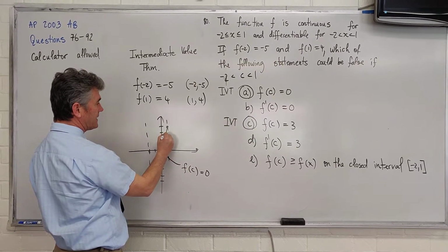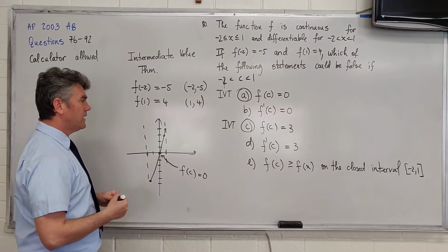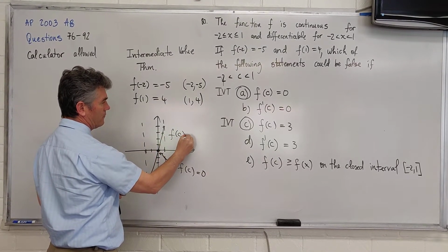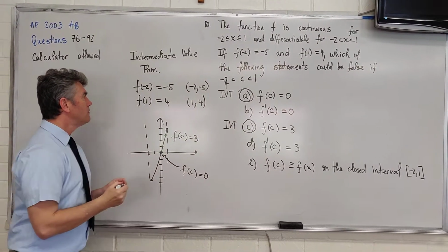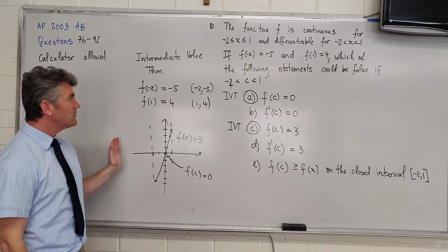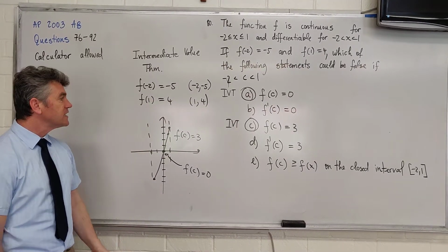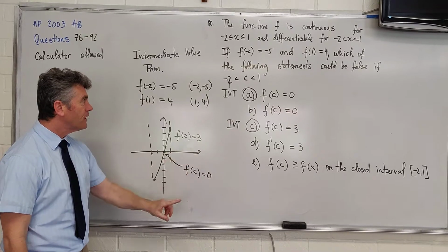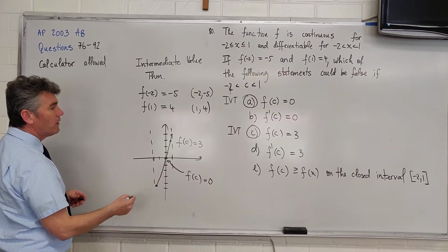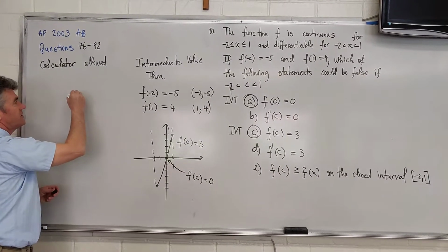So there is such a point in the interval from negative 2 to 1, and f of c is equal to 3. Yes, there is a point whose coordinate is 3 as well. So the intermediate value theorem assures us if f is continuous, it must take on all the values from negative 5 to 4. Since both 0 and 3 are between negative 5 and 4, such a constant will exist. So let's just write that down.